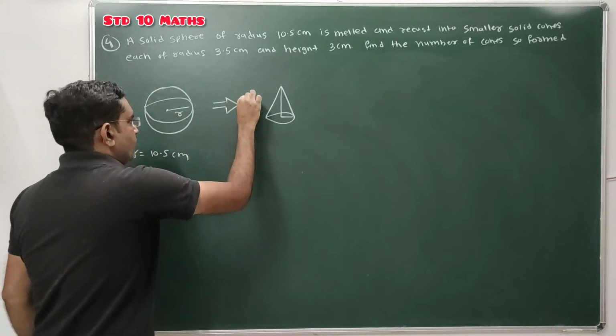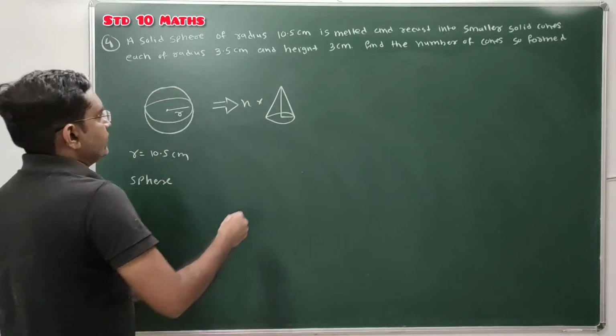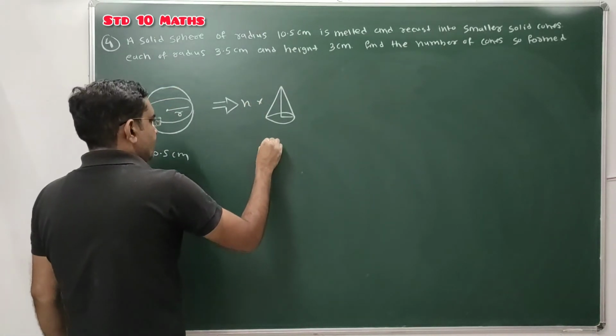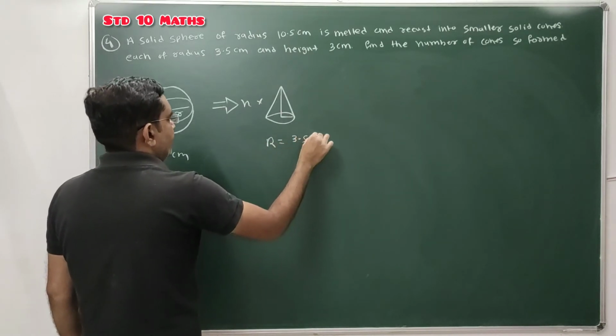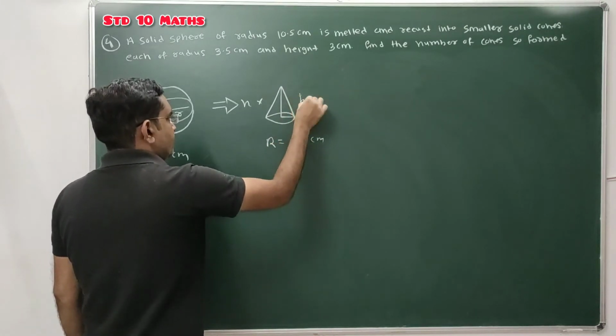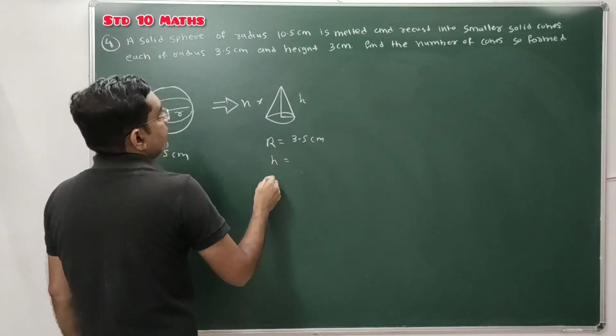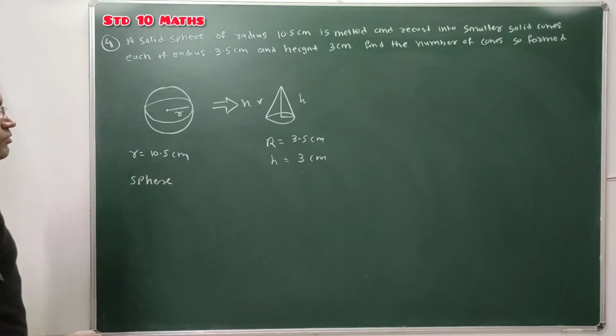Here n number of cones are formed, each of radius, let's consider the radius of this cone capital R, 3.5 centimeter, and height suppose h, so the height of this cone is 3 centimeter. Find the number of cones so formed.